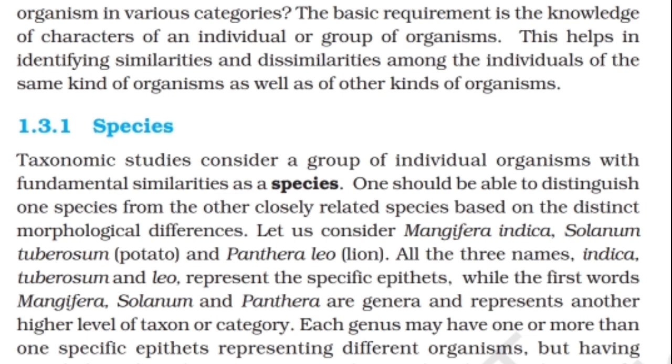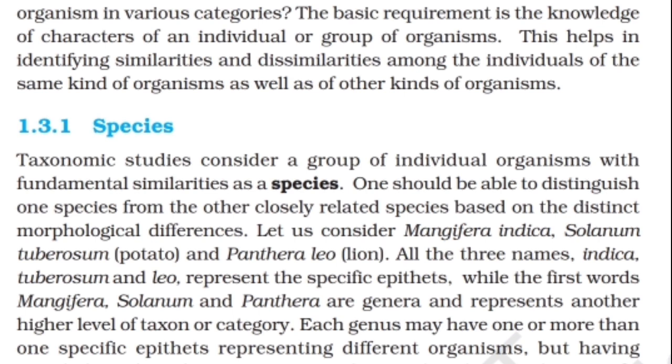Let us consider Mangifera indica, Solanum tuberosum (potato) and Panthera leo (lion). All the three names indica, tuberosum and leo represent a specific epithet, while the first word Mangifera, Solanum and Panthera are genera and represent another higher level of taxon or category.